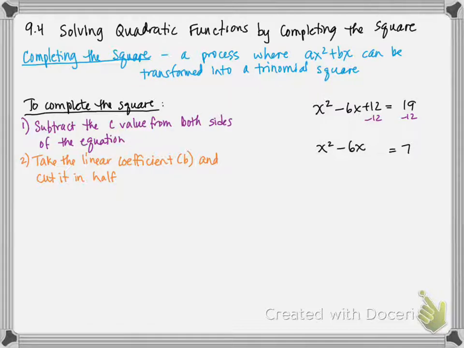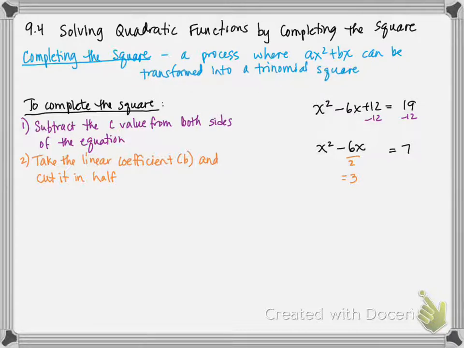Well, remember, in a trinomial square, the linear coefficient is the result of adding the same middle term together. So that number represents two identical values being added together. So if we cut it in half, we figure out what we have. I'm just looking at the coefficient, not paying attention to the variable at this point.